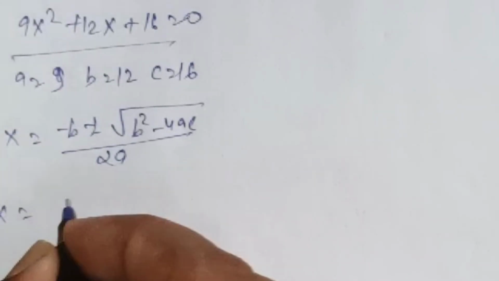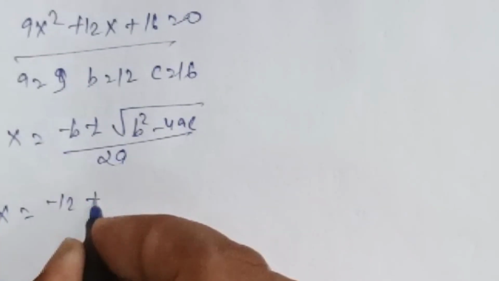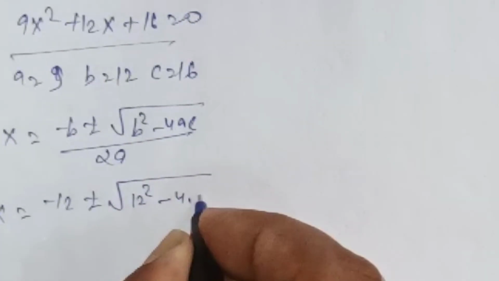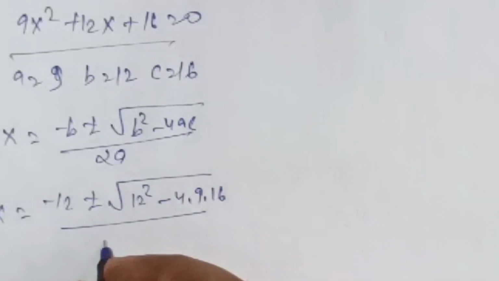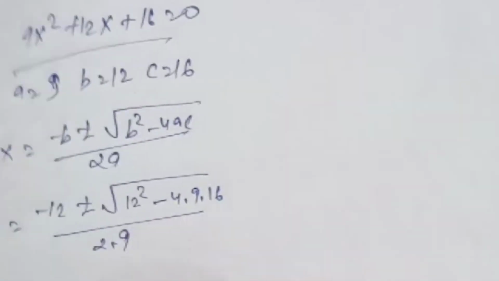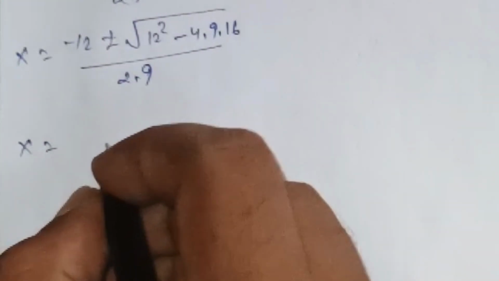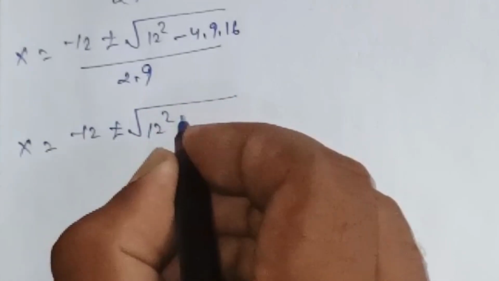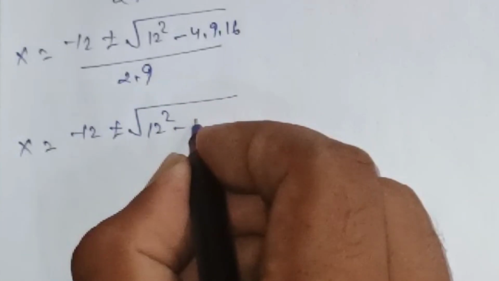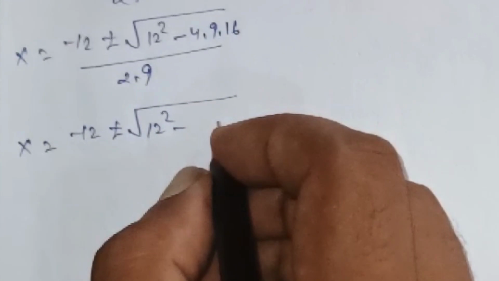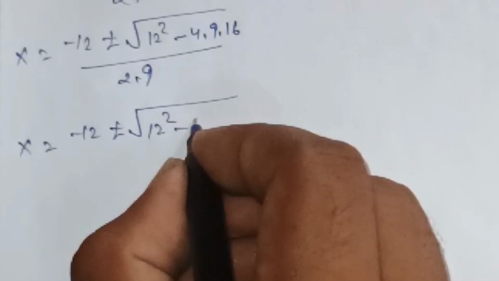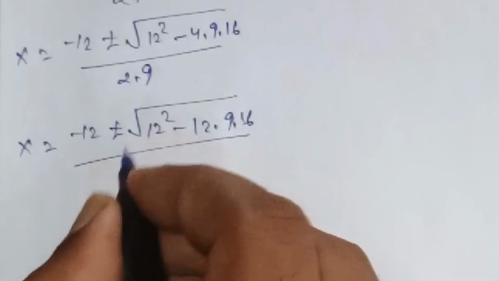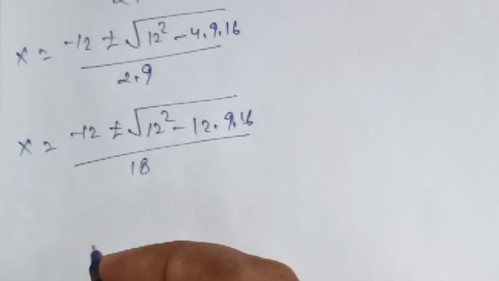Here x is equal to minus 12 plus minus root under 12^2 minus 4 into 9 into 16, divided by 2 into 9, which is 18.